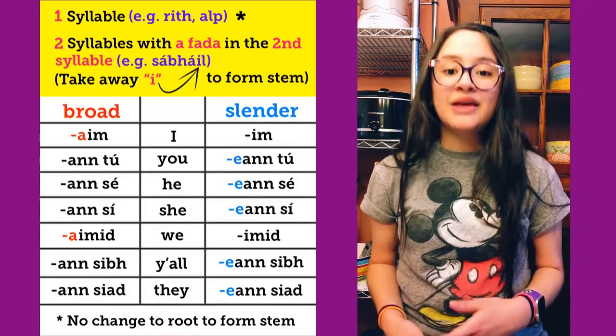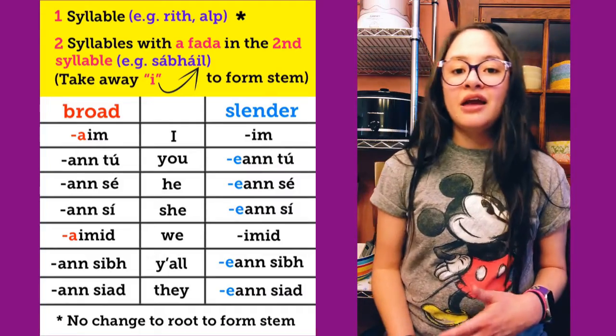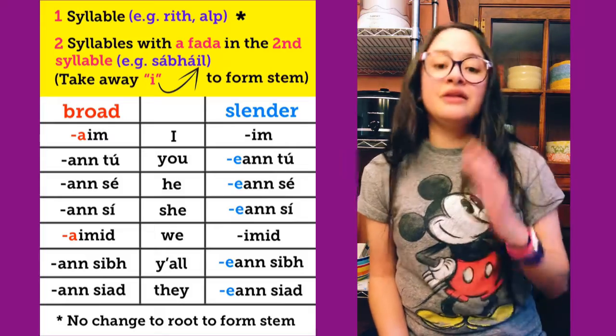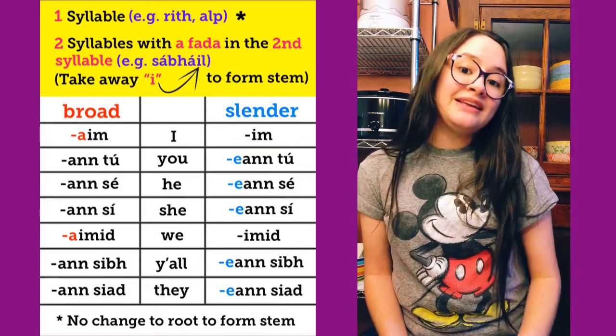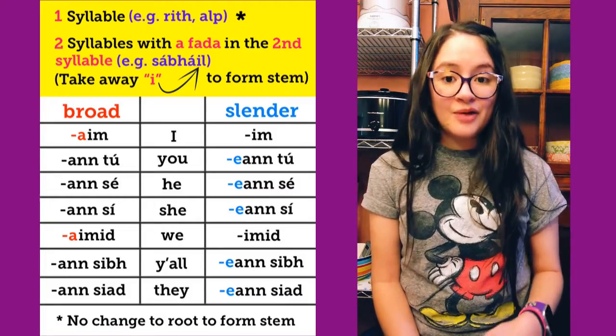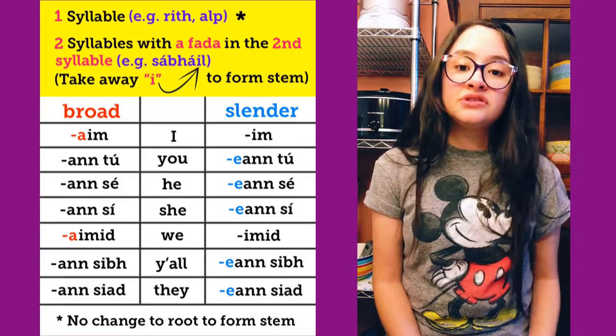For he, it would be ANN shay if it's a broad verb, EANN shay if it's a slender verb. She, ANN she if it's broad, EANN she if it's slender. For we, AIMID if it's broad, and just IMID if it's slender.